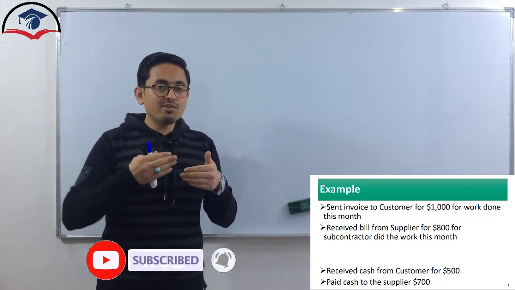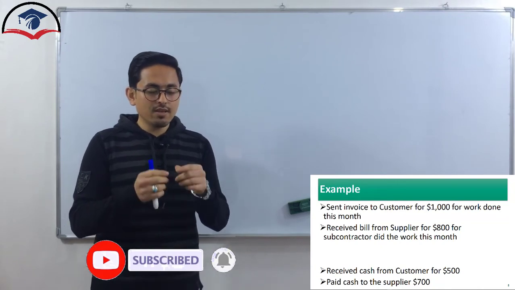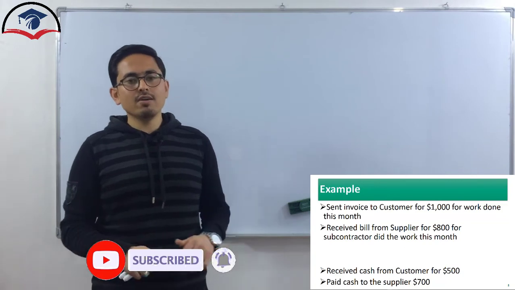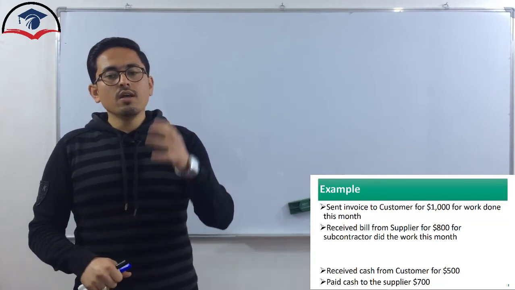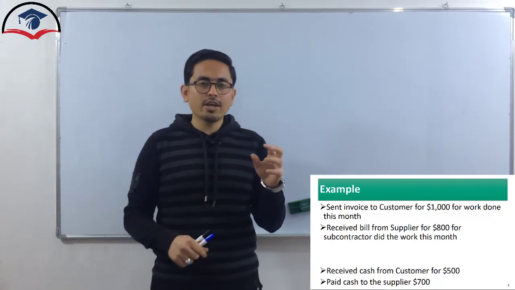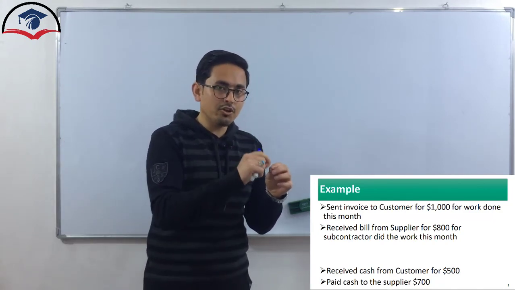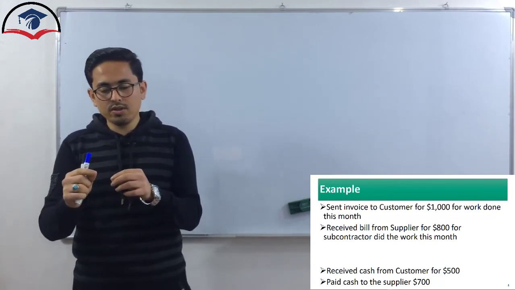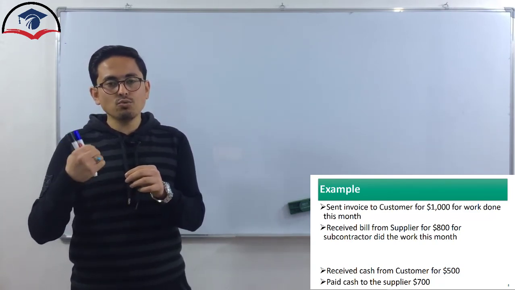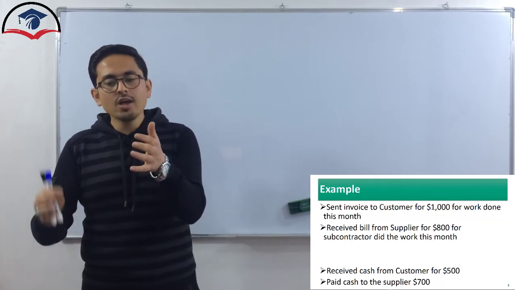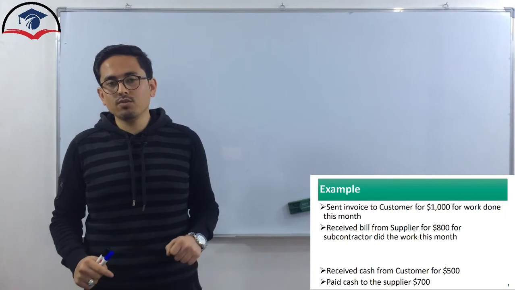But when I receive the actual cash for that, I'm going to record that my receivable decreases and my level of cash increases. For the same case, if I paid cash to the supplier for $700 under the cash basis of accounting, I paid that cash, then I'm going to record it as expense. But in the accrual basis of accounting, if the service is delivered to me in the same period, I'm going to record this as my expenditure and this is the cash I have paid for that.